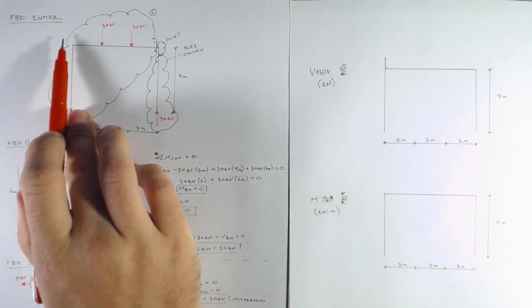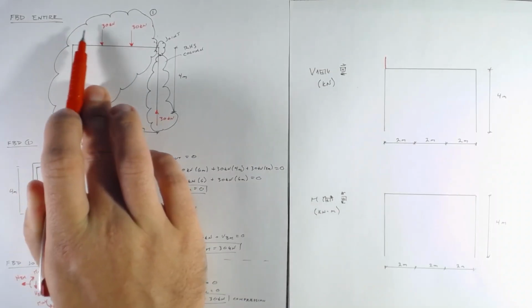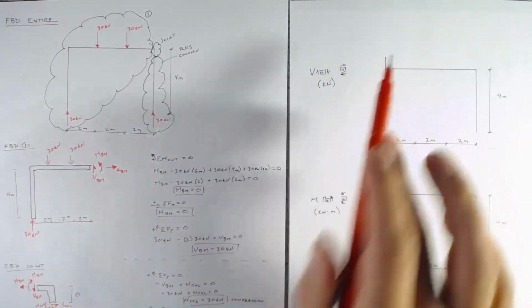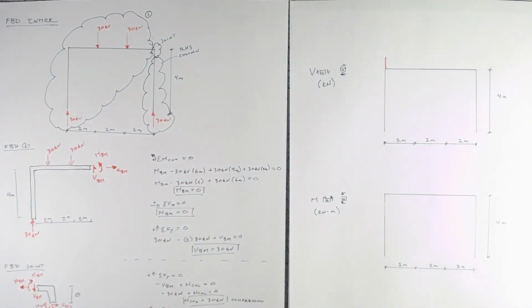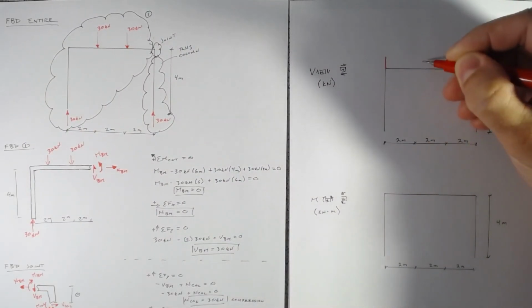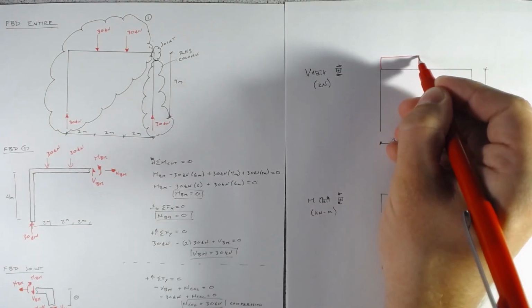Because we have no additional loads here, the magnitude of the load is going to be the slope of the shear force diagram. So if we have a magnitude of 0, then we have a slope of 0, and that means a horizontal line. We're going to go until we hit 2 meters, and we're going to go over.